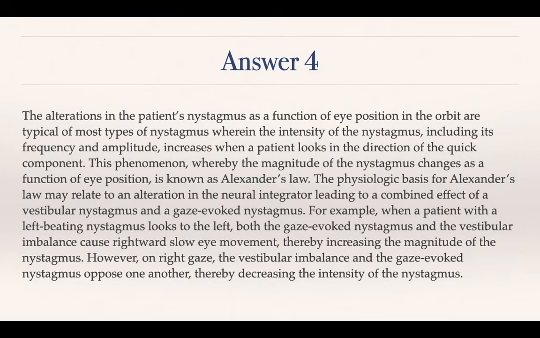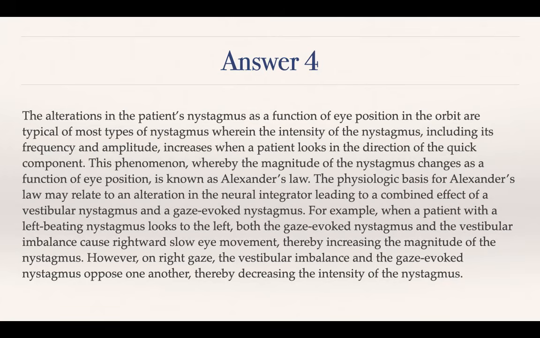So if on the right, the gaze-evoked nystagmus because of neural integrator deficit produces a right beating nystagmus, that is because gaze-evoked simply means that the eyes are drifting to the center. On the right gaze, drifting to the center in the slow phase means slow phase to the left.